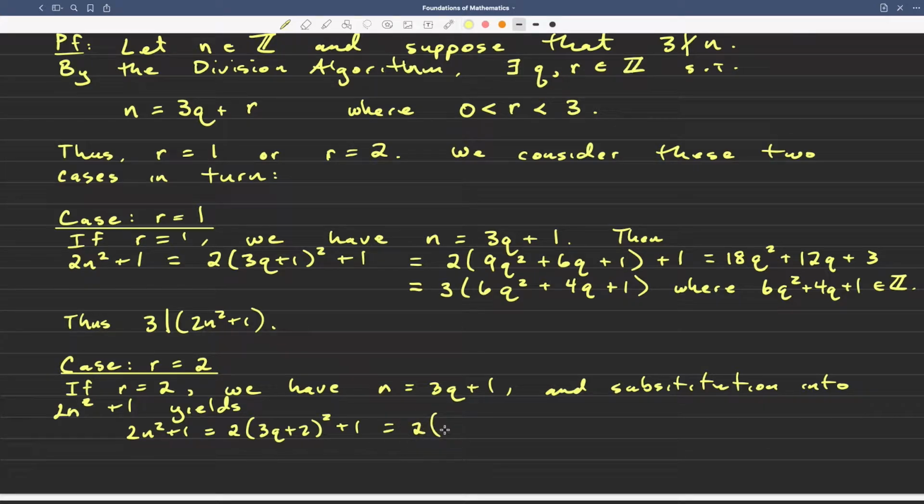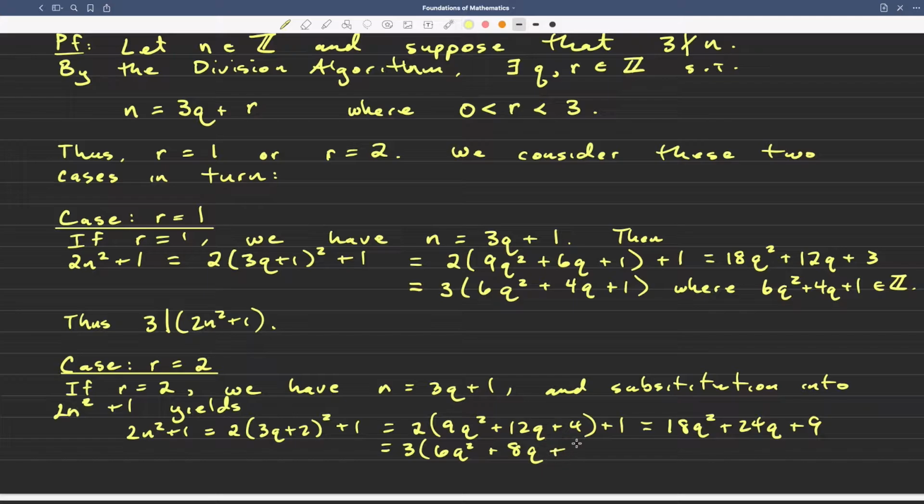So that's 2 times (9q squared plus 12q plus 4) plus 1, which will be 18q squared plus 24q plus 8 plus 1. So that's plus 9, which is equal to 3 times (6q squared plus 8q plus 3), where the expression in parentheses is in fact an integer again.